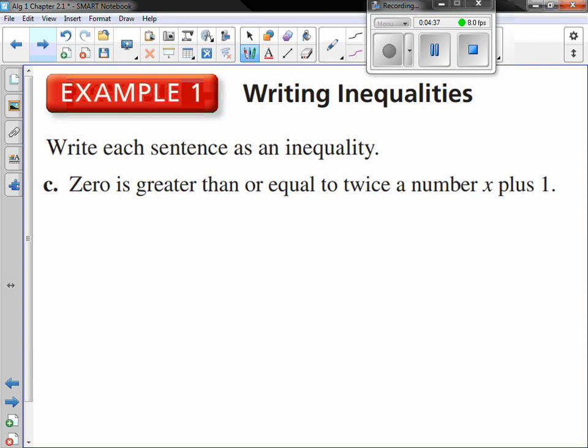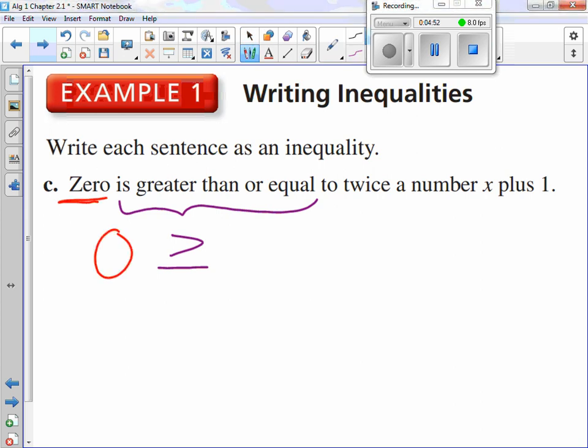0 is greater than or equal to twice a number x plus 1. So here's our inequality sign, greater than or equal to. We have 0 on one side. On the other side we have twice a number x plus 1. So how do we write twice a number x?